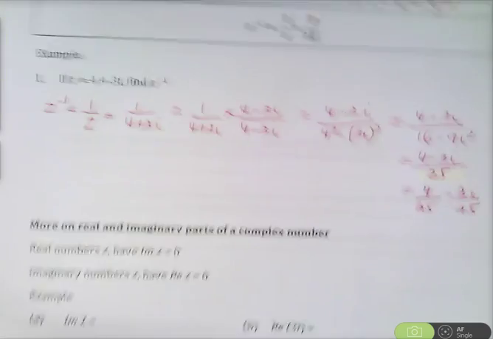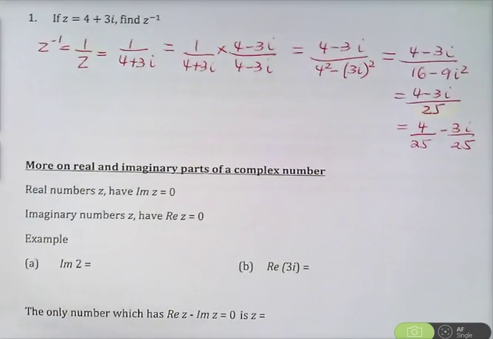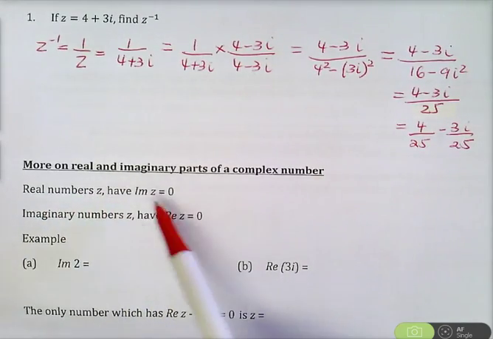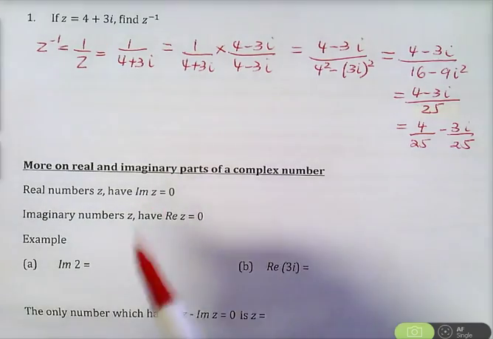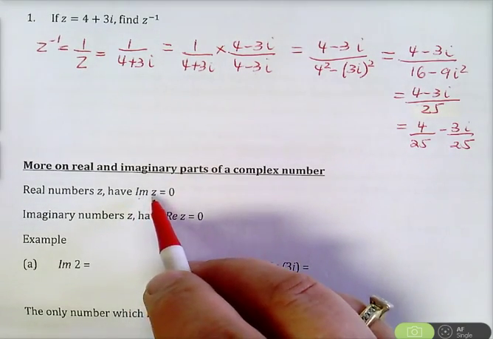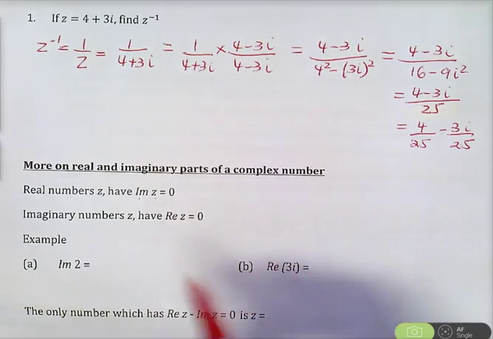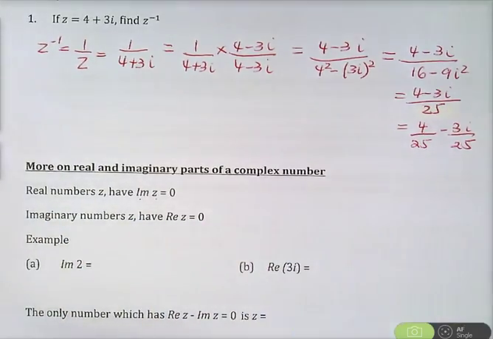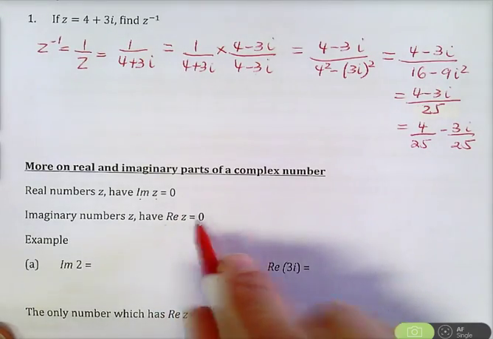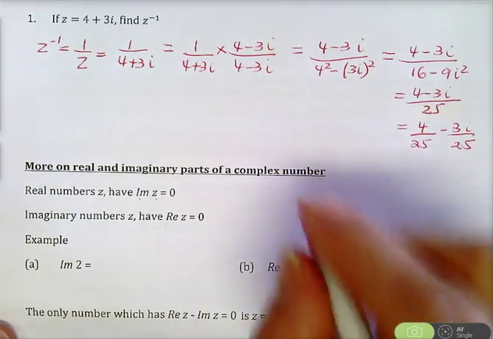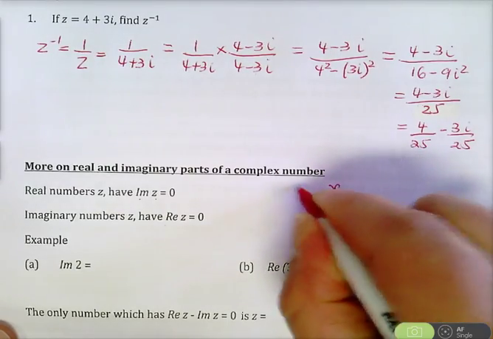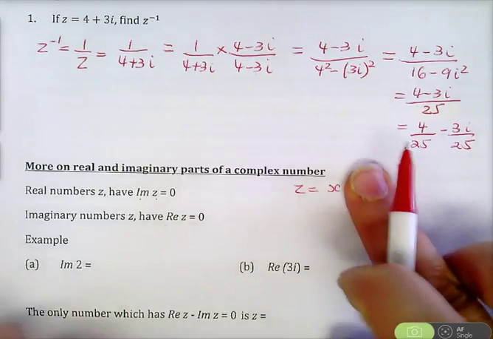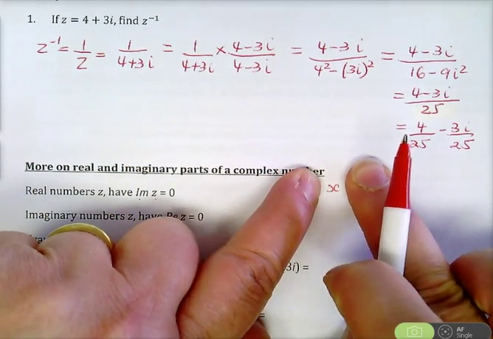Okay, now, just a little bit more here on real and imaginary parts of a complex number. Real numbers z have no imaginary part, so they have imaginary part of z equal to 0. And imaginary numbers z have real part of z equal to 0. Now, you're probably getting confused here. Remember, a complex number is x plus yi. So if I just have x, that is real only.